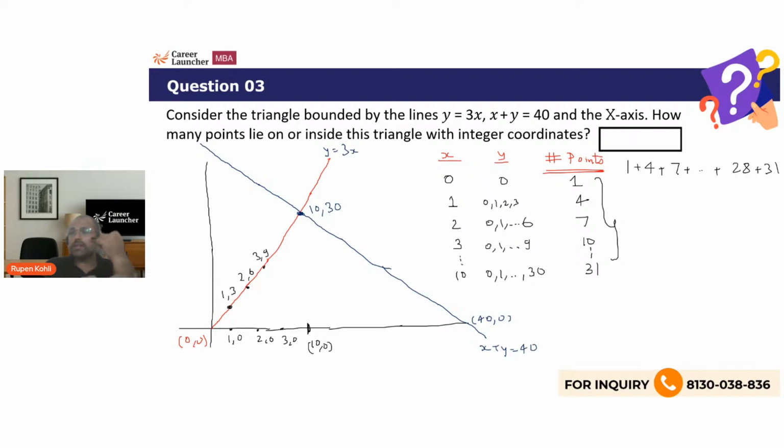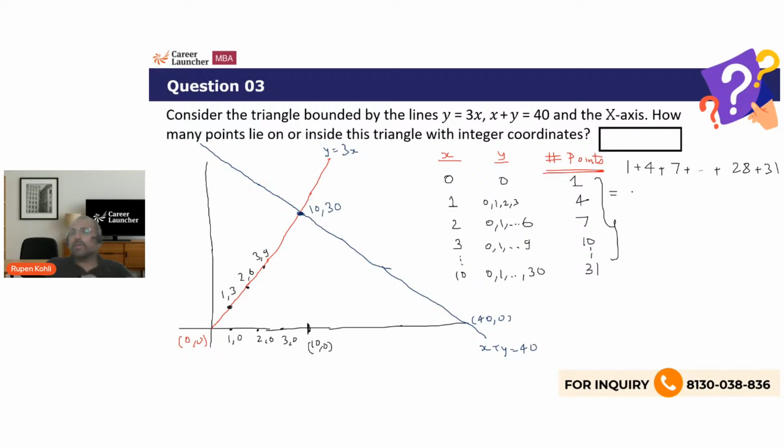How many terms are these? Because in an AP we have to find the number of terms to be able to add the terms. All the terms are of the form a multiple of 3 plus 1. So 3 into 0 plus 1 up to 3 into 10 plus 1. These are 11 terms.